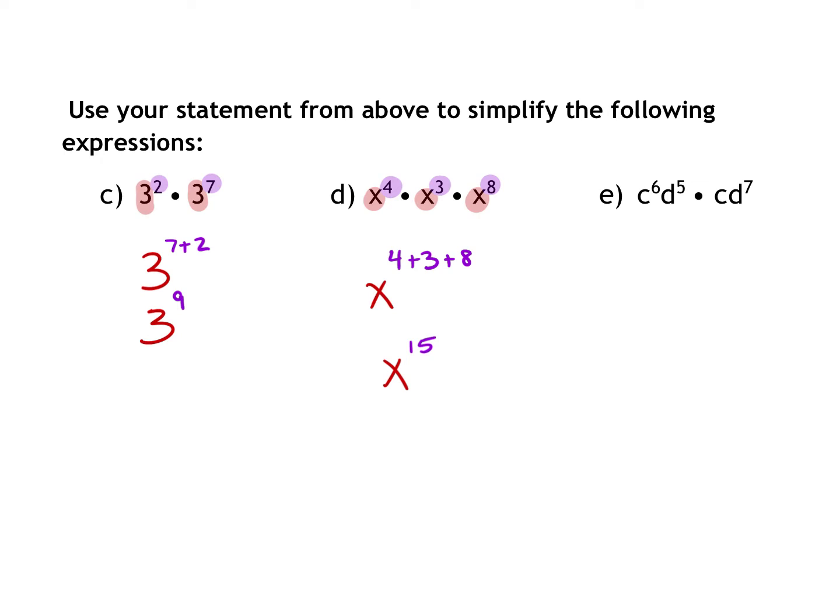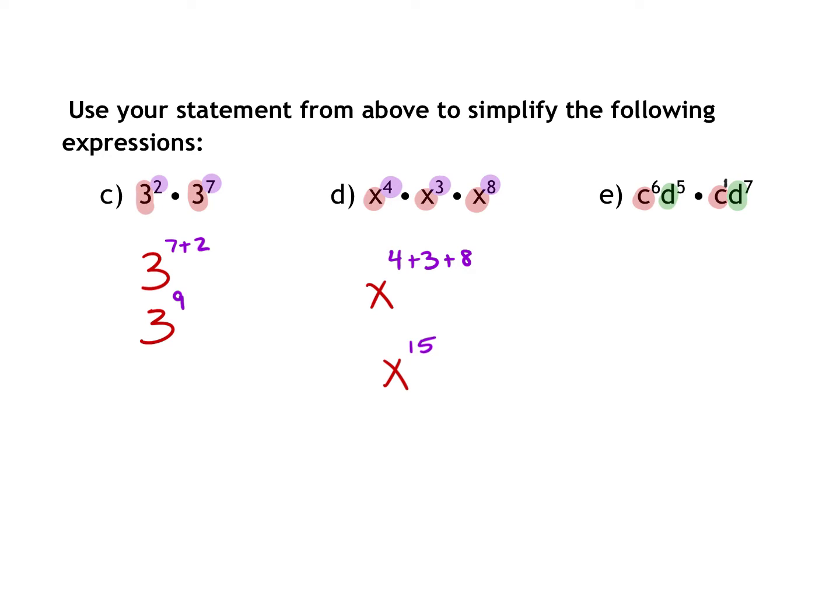On the next one here, we've got a situation where there is more than one base. We've got c's and we have d's. Remember yesterday we talked about exponents are only attached to the thing that it is touching. The only way on this second equation here, the second term, for this 7 to be attached to the c is if there was a set of parentheses. This c, when there is no exponent, actually has an exponent of 1.